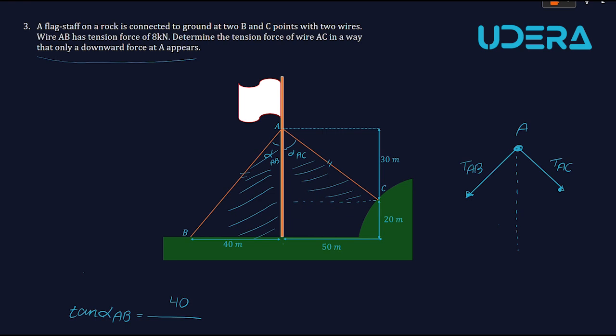On the flagstaff, the adjacent side is not given, but this is the sum of these two dimensions, which is 30 plus 20 equals 50.